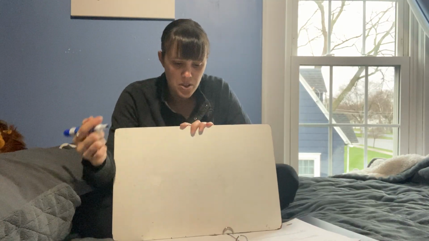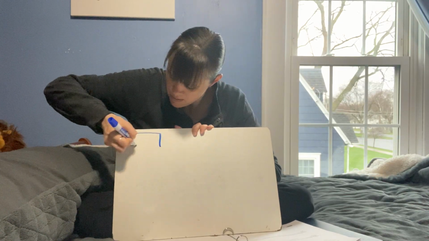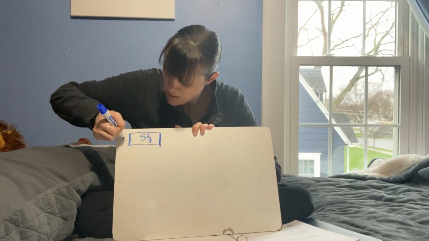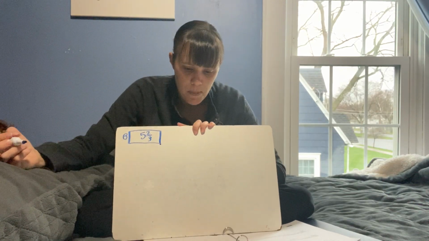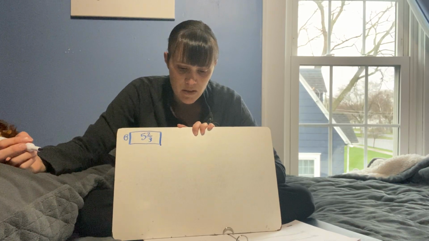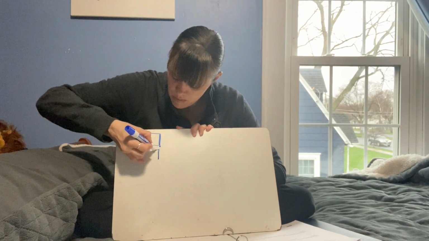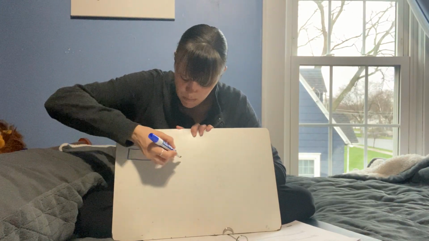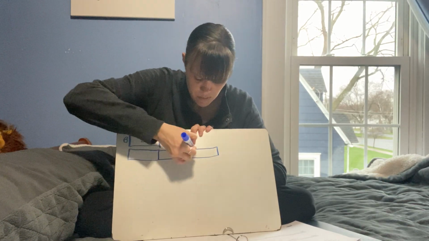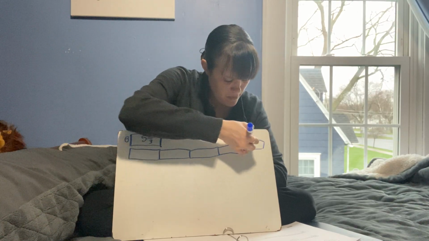A piece of blue yarn is 5 2/3 yards long. Here's our blue. A piece of pink yarn is 5 times as long as the blue. 1, 2, 3, 4, 5.